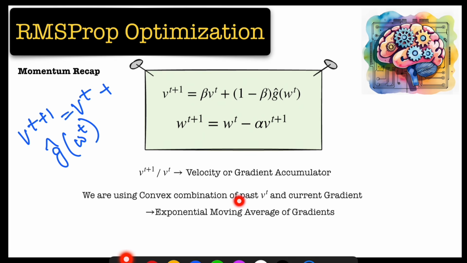We are using a convex combination of past Vt and current gradient, and that's why we call it an exponential moving average of gradients. So this is momentum. It is focusing on the direction of the change. All the components in the gradients will have different directions, right? So it is focusing on those directions.